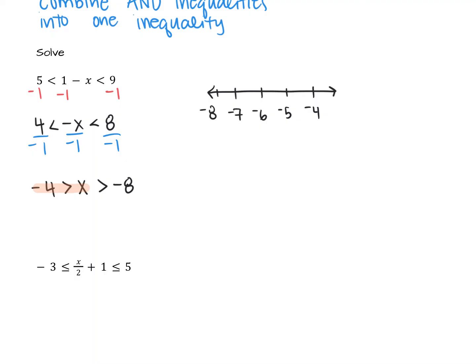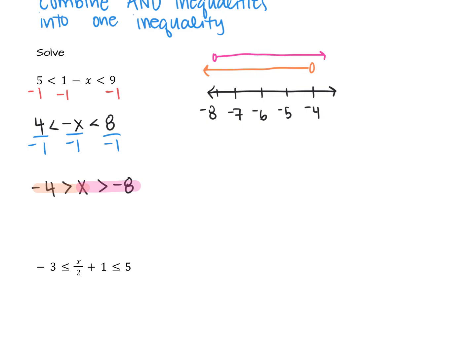So we'll have an open circle at negative 4, and everything less than that is to the left. For my second inequality, I start with my x and I read it left to right. And it's read as x greater than negative 8. So again, open circle at negative 8. Everything greater is to the right.